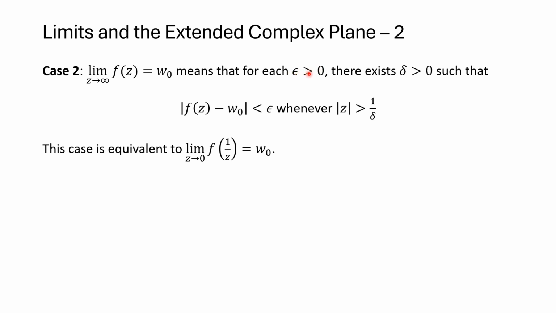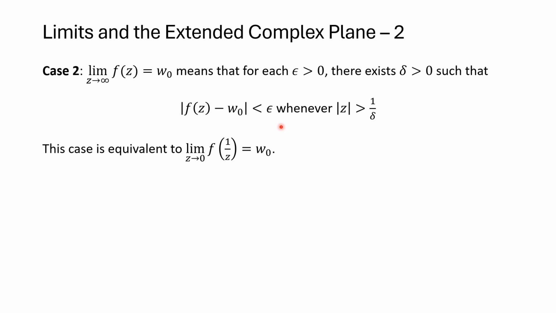For each epsilon greater than 0, there exists a delta greater than 0 such that the modulus of f of z minus w sub 0 is less than epsilon whenever the modulus of z is greater than 1 over delta. And that's equivalent to the limit as z approaches 0 of f of 1 over z equals w0.